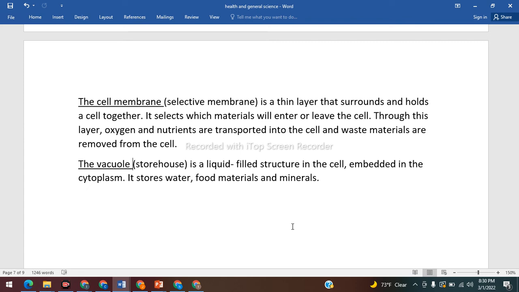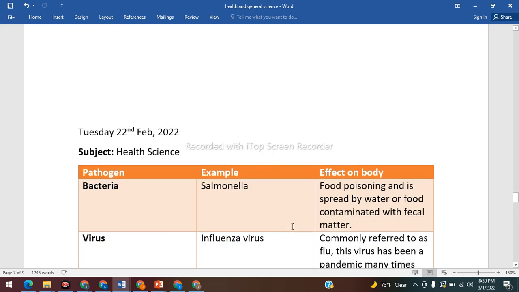All right. So what structure can be compared to a food factory? Chloroplast. Which structure is the powerhouse of the cell, where you get the energy?